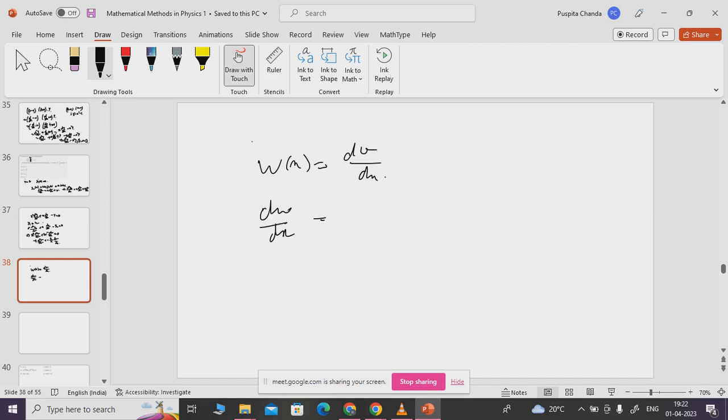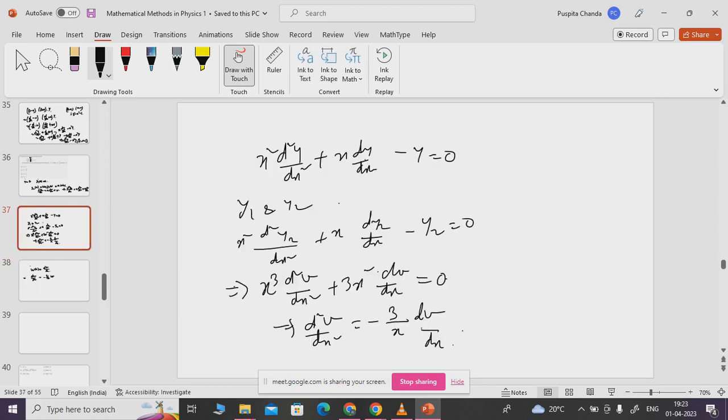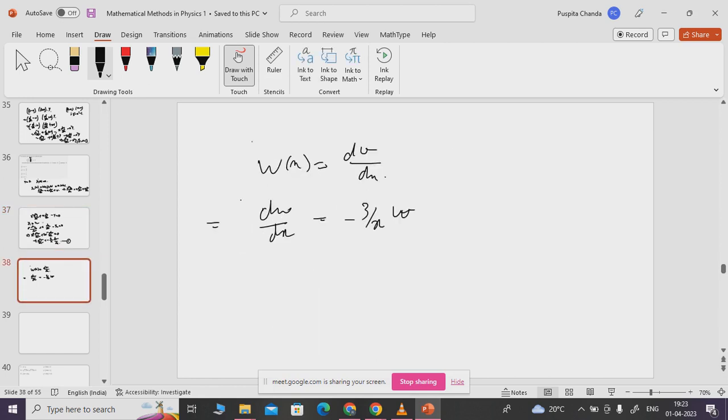So the Wronskian of the equation is dv by dx. W stands for Wronskian, but here it is another variable. W is dv by dx, so dw by dx will be minus 3 by x w.